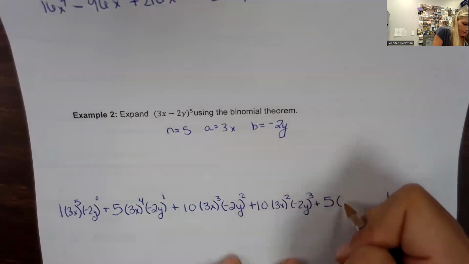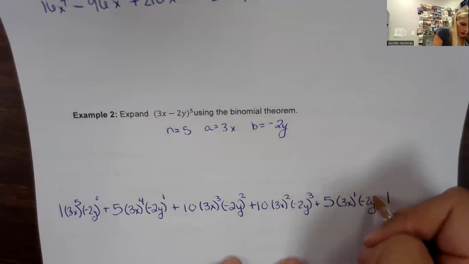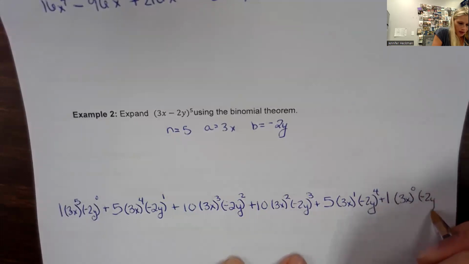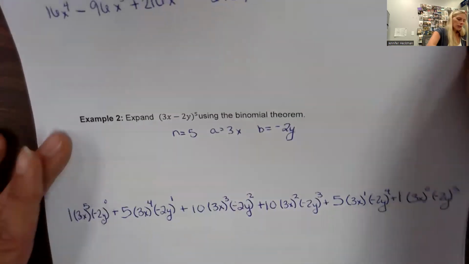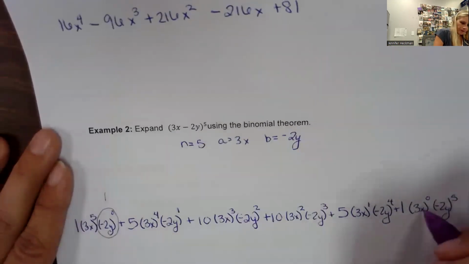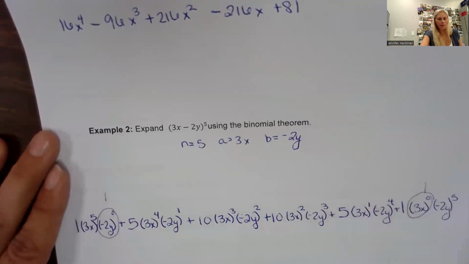Okay, A term to the 1st, B term to the 4th, and then we have A term to the 0, and B term to the 5th. Awesome. Okay. So whichever way you want to do it for the ones, you can. I'm just circling them right now. You can cross them off maybe.